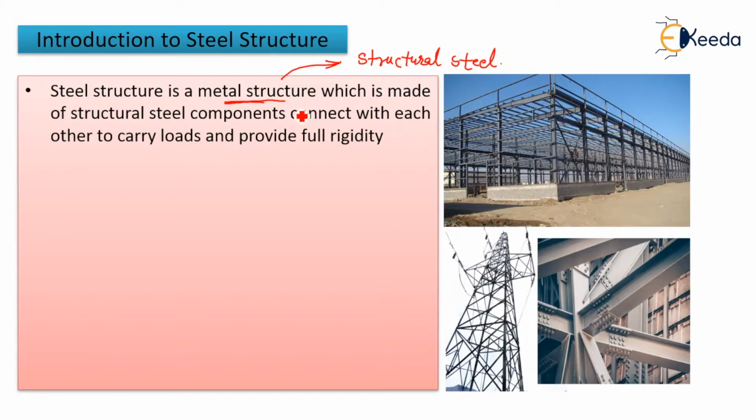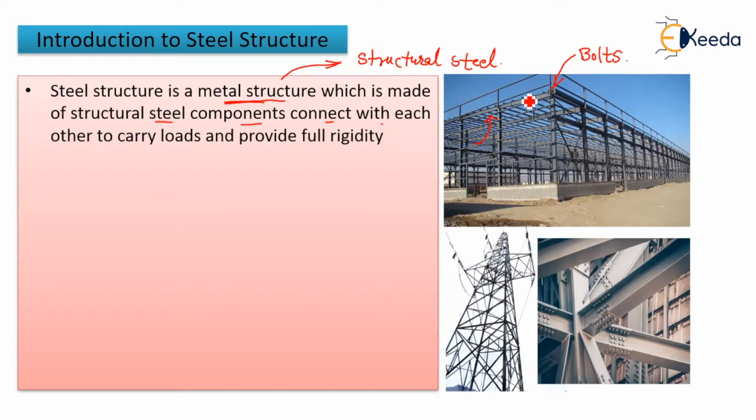Then it is made of structural steel components connected with each other to carry loads and provide full rigidity. What happens in a steel structure? See, as you can see in the picture here, these beams are getting connected to the columns, and they are connected by means of some bolts. They are connected by bolts and they will transfer the load.